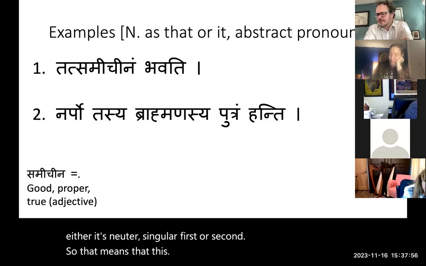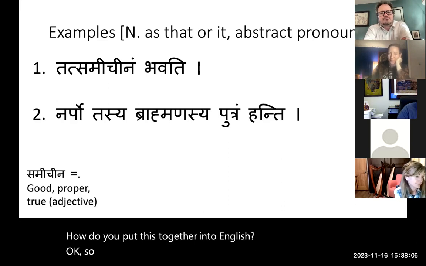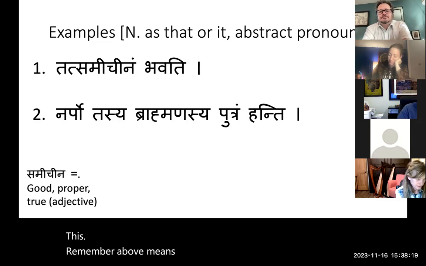How would you put this together into English? Remember, bhu means is or becomes or exists.